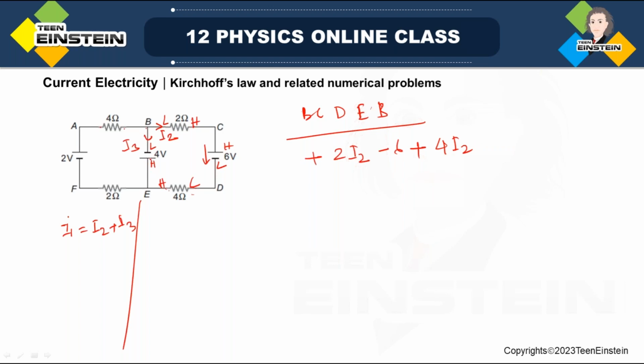And then it is going from high to low, that means negative voltage again, like this. So we get 6I2 to 4.